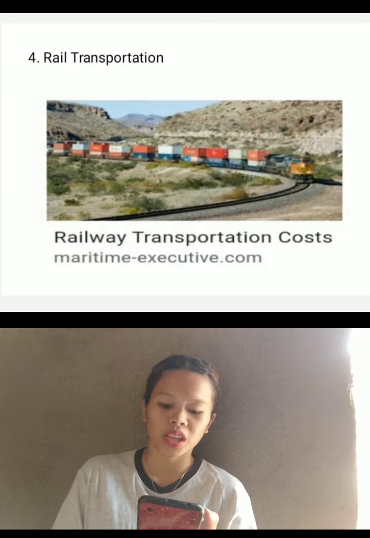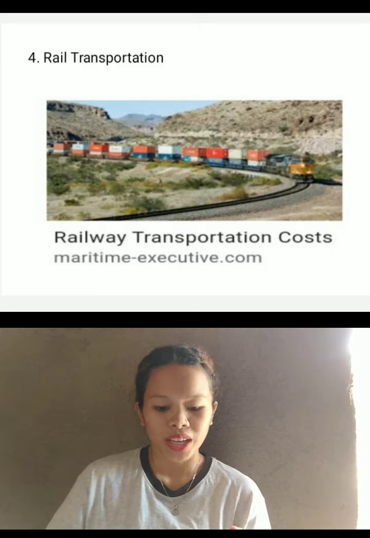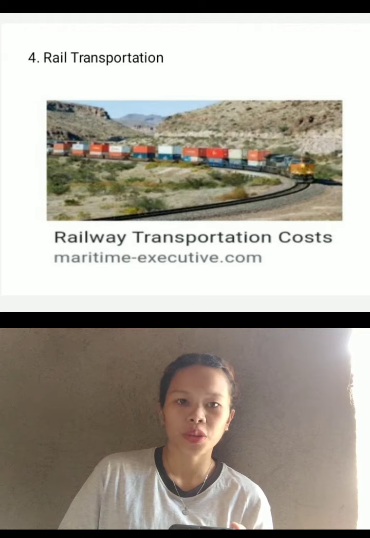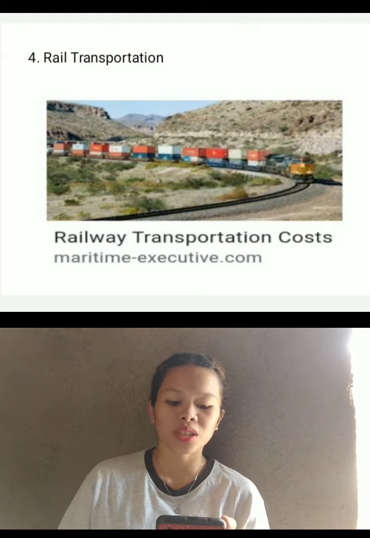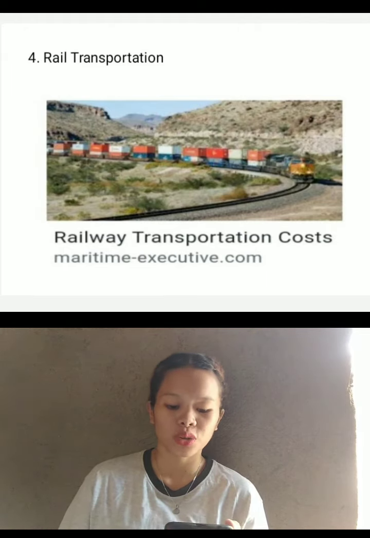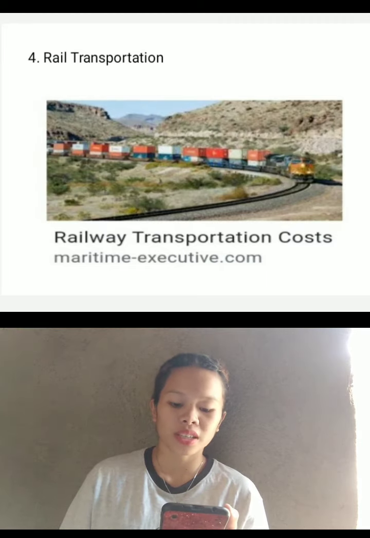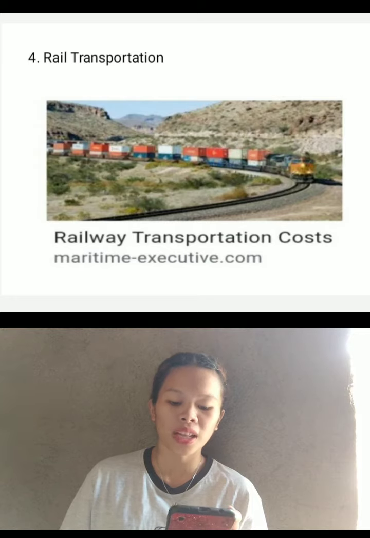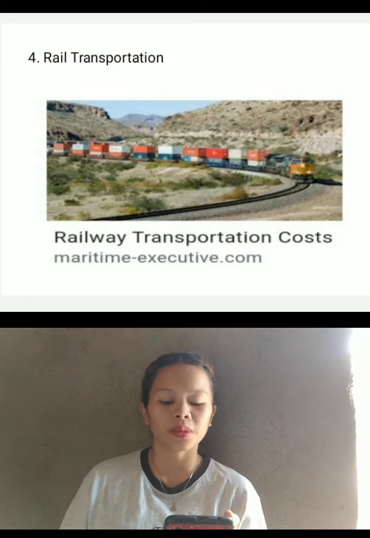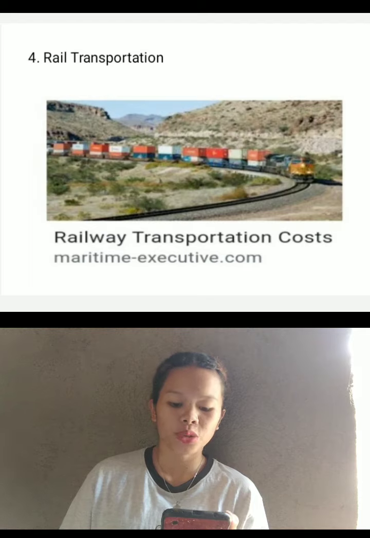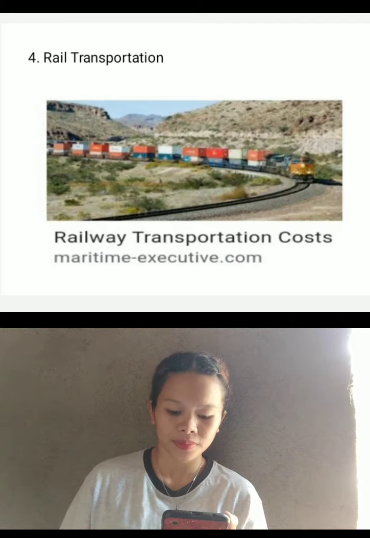So, number 4, we have rail transportation, which was first invented for use in the early 19th century. Rail transport quickly became vital for the expansion of the Western world and has played a pivotal role in the realm of logistics for over 2 centuries.